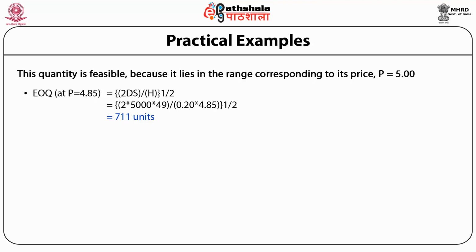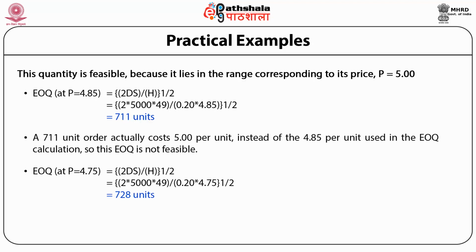EOQ at P equal to 4.85 equals root of 2DS upon H, which equals root of 2 into 5000 into 49 upon 0.20 into 4.85, and its root equals 711 units. At 711 units, the order actually costs 5 per unit instead of 4.85 per unit used in the EOQ calculation, so its EOQ is not feasible.